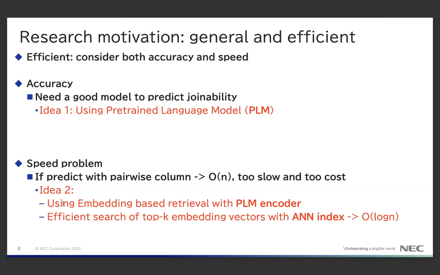So the second idea is to use embedding-based retrieval with a pre-trained language encoder. We do not use the pre-trained language model to predict. We use it to embed the columns into vectors, and then we can efficiently search the top K embedding vectors with a state-of-the-art approximate nearest neighbor index.